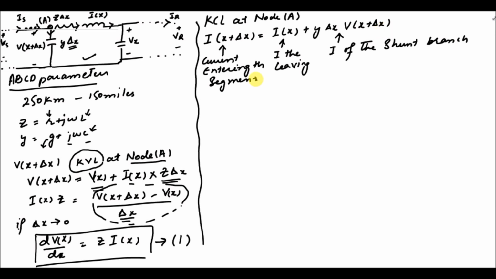Now again, rearranging the equation, we will have the formula represented by this fraction, which is equal to V(x plus del x) into y.